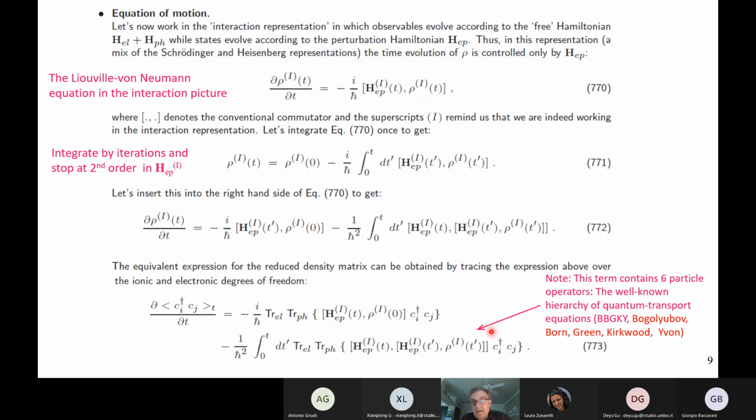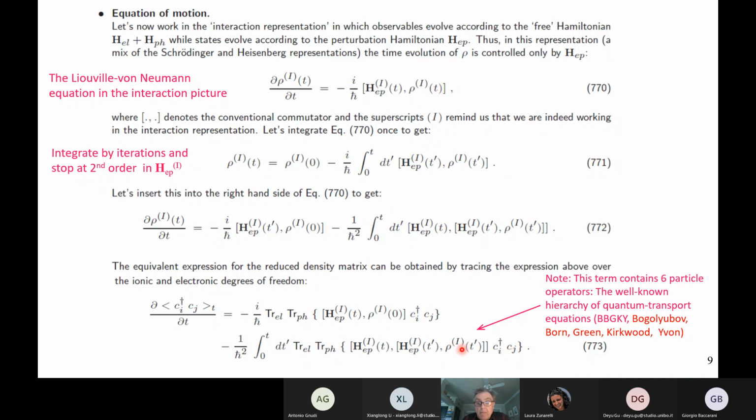Notice one issue that I didn't emphasize last time, and I should have. It's a problem that we'll see even later on in a different context. We end up with a system which is not closed, mathematically is not closed. If you count how many one-particle operators we have here, we have two coming from the fact that we're dealing with the density matrix, the off-diagonal and diagonal elements of the reduced electron density matrix.